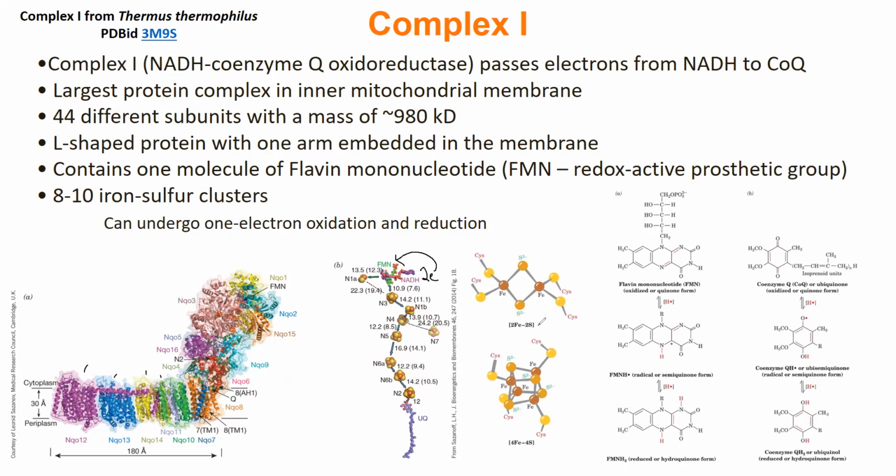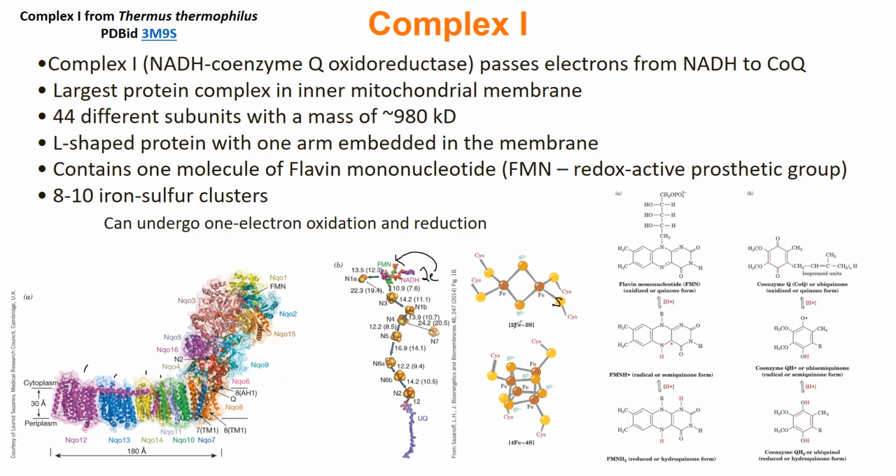This is something that's going to keep reoccurring when we talk about the ETC. To move electrons around safely, we have iron sulfur clusters where we have cysteines, which, remember, the side chain is a sulfur, connected to iron, which are connected to inorganic sulfur.